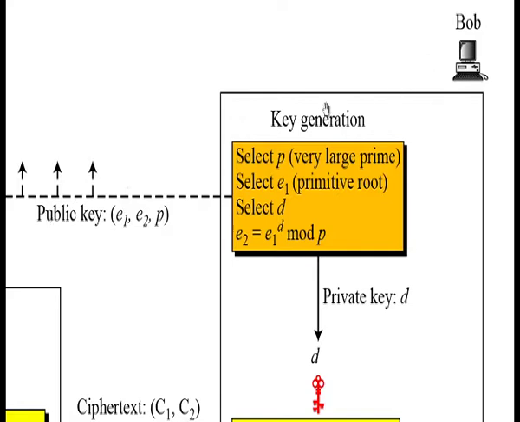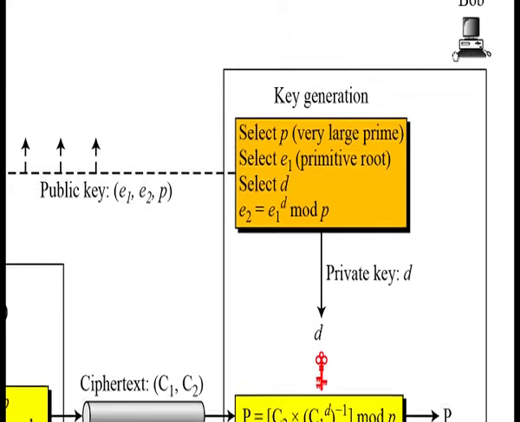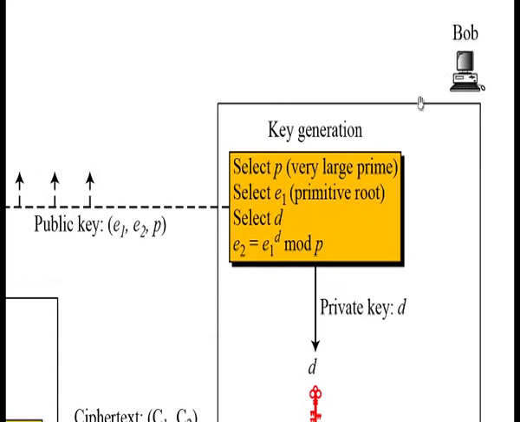Bob will do the key generation by selecting a very large prime number and a primitive root, that is P and E1, and then one secret value D, which is known only to Bob, nobody else. Bob alone chooses that value D, and it is kept secret. Now, Bob will generate the public key. How is he generating the public key?